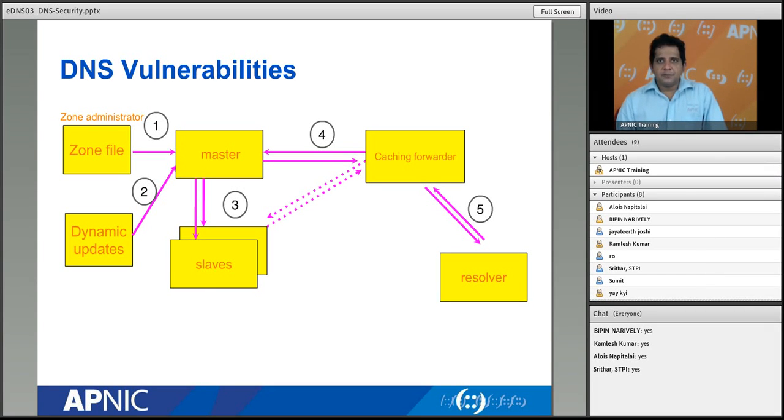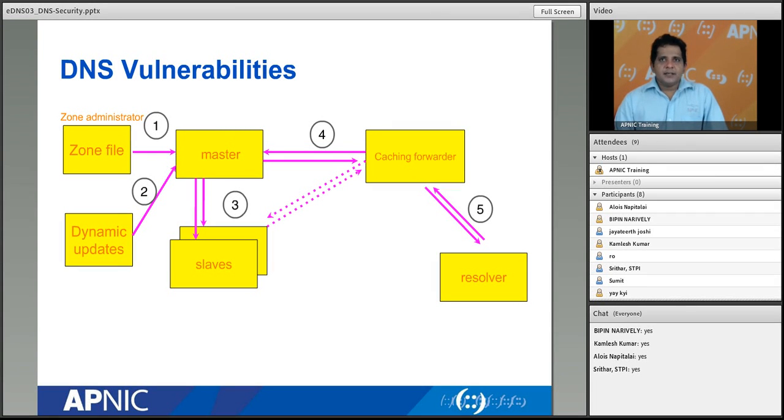For example, if you consider the different elements in this whole process, you have zone files. We write our zone files and then we update the zone files in our primary or master name servers. We do updates through dynamic DNS as well. Dynamic updates.